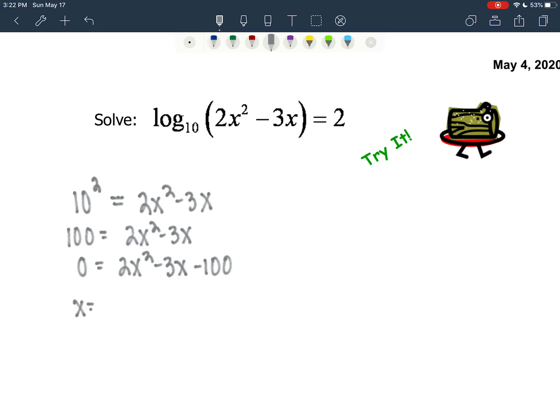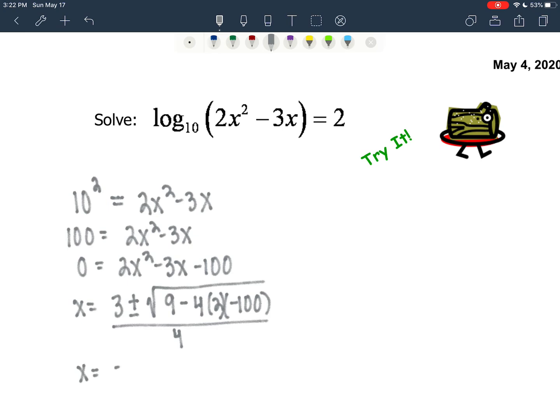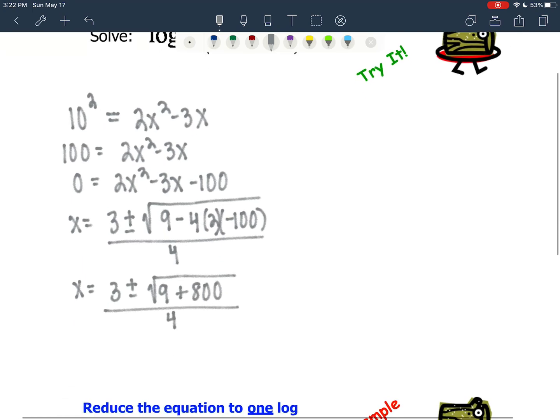So I'm going to say x equals the opposite of b plus or minus the square root of b squared minus 4ac all over 2a. We get 3 plus or minus the square root of 9 plus 800 all over 4, which is 3 plus or minus the square root of 809 all over 4.